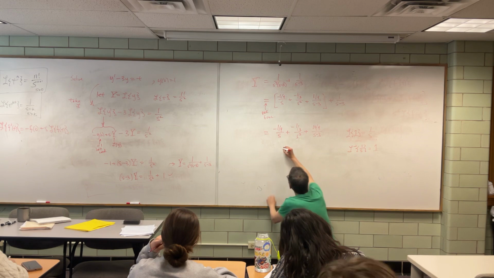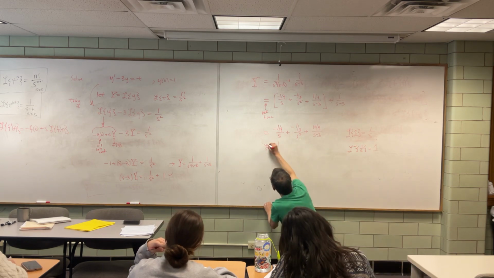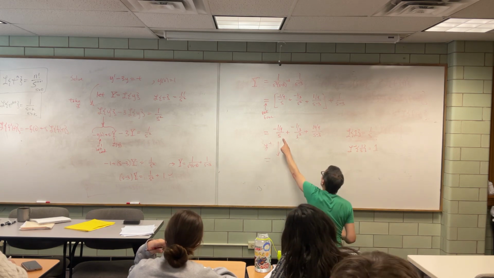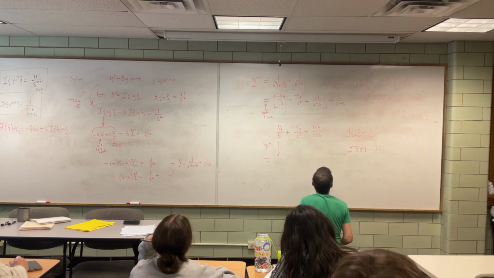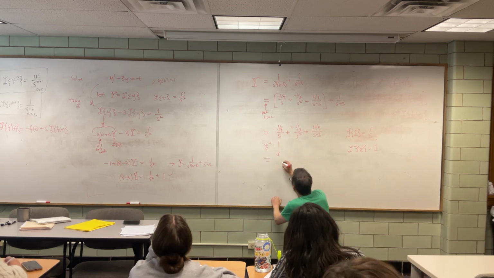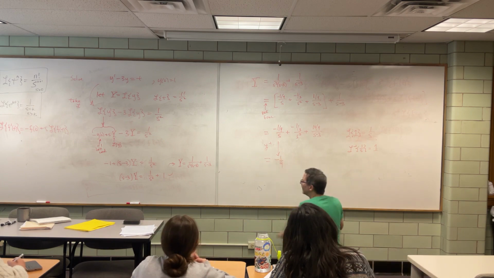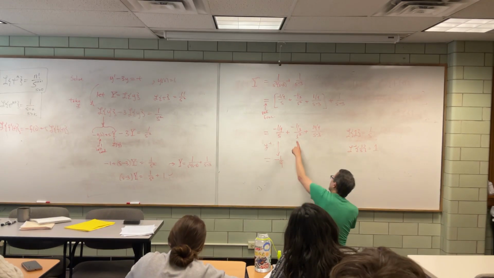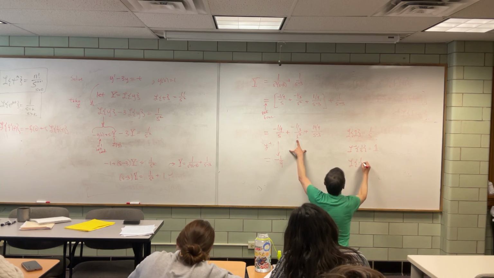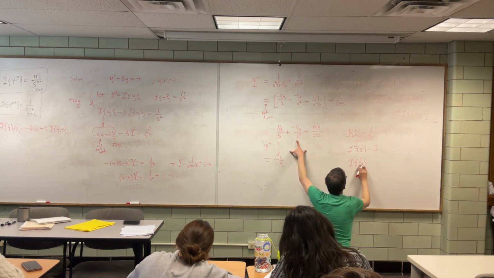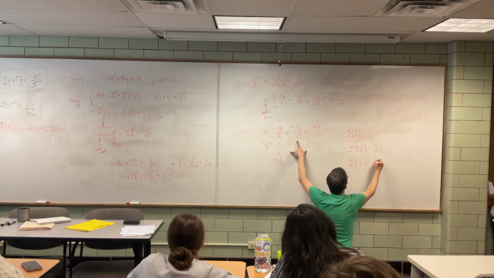What does this turn into? What is this the transform of? -1/9, perfect. Beautiful. And then this one here, we know that the Laplace transform of t is 1 over s squared.